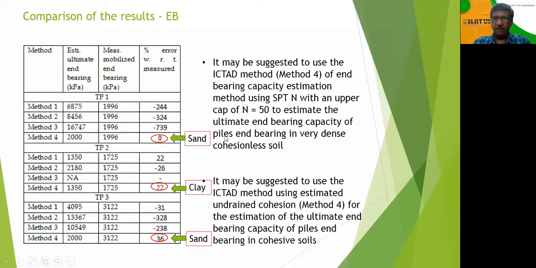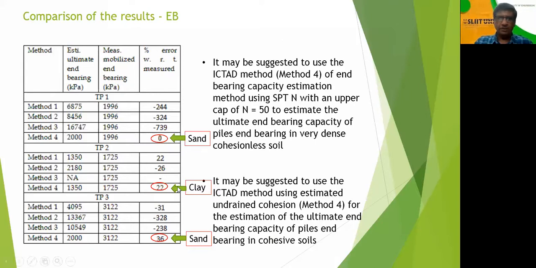But if you look at the end bearing comparison, it is always method 4. Method 4 is the ICTAD method, where we can determine it even for sand. For sand, we get 40 times N, and for clay we get 9 times Cu.